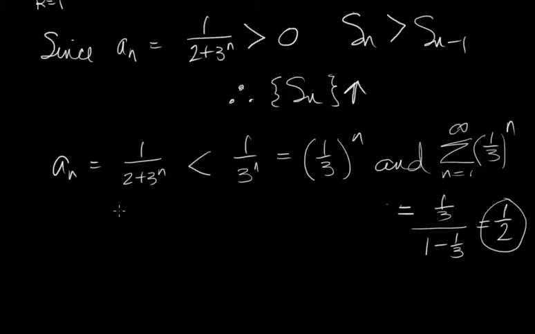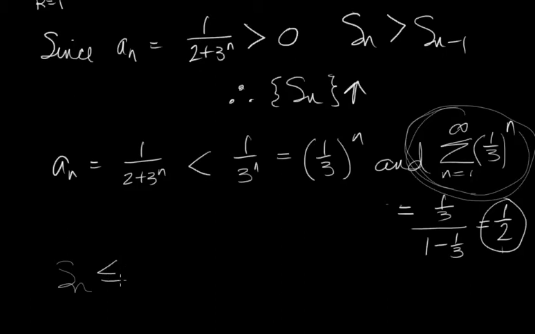So look carefully. The nth term of our series is always less than the nth term of a convergent series that converges to 1/2. And the partial sums are always increasing. So we know that Sn, the nth partial sum of the series that was given in this problem, is always less than 1/2.